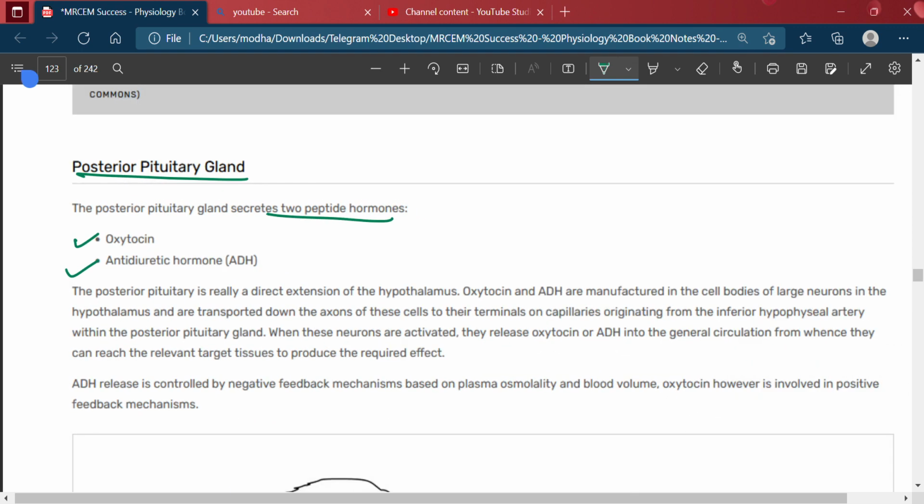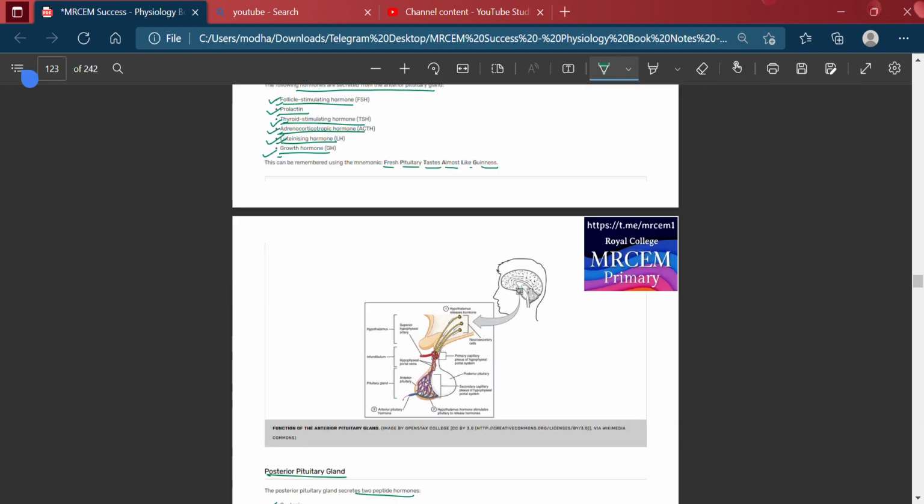From the anterior pituitary, there are so many hormones. FSH, prolactin, thyroid stimulating hormone, LH, ACTH (adrenocorticotropic hormone), and growth hormone.